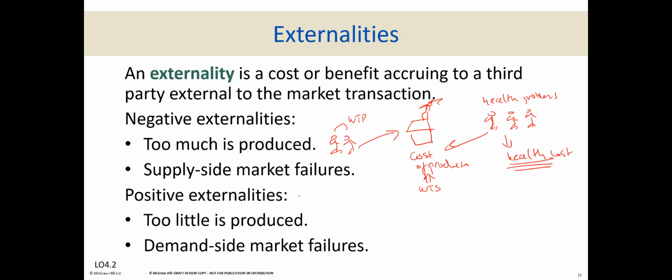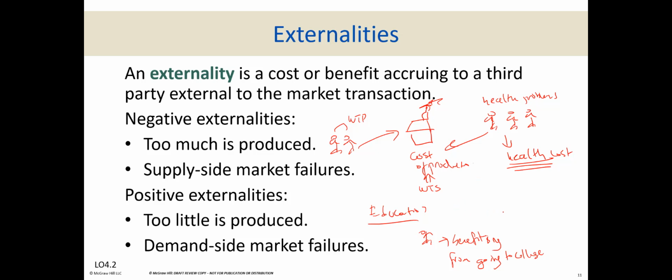But we might have positive externalities too. A good example is education for positive externalities. So what happens in a positive externality? So you're a student, you're actually benefiting as a buyer, benefiting from going to college, right? And then schools are earning money, perfect.